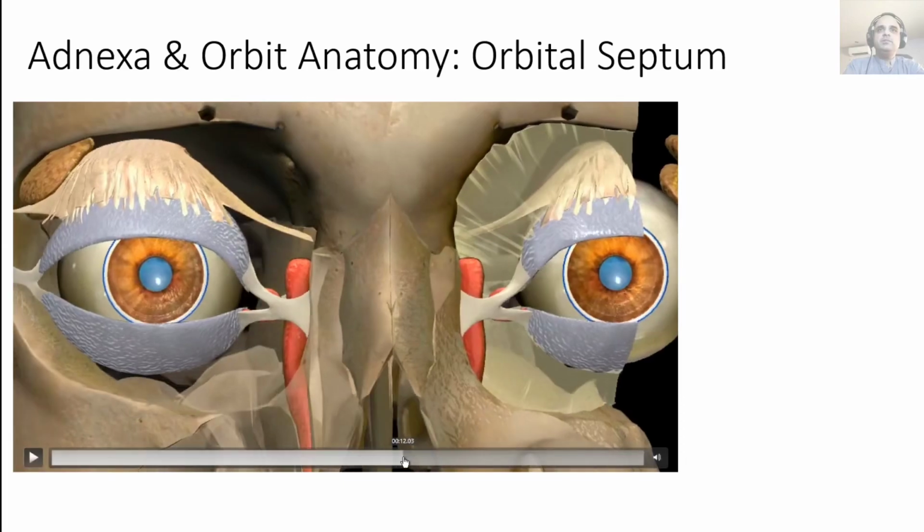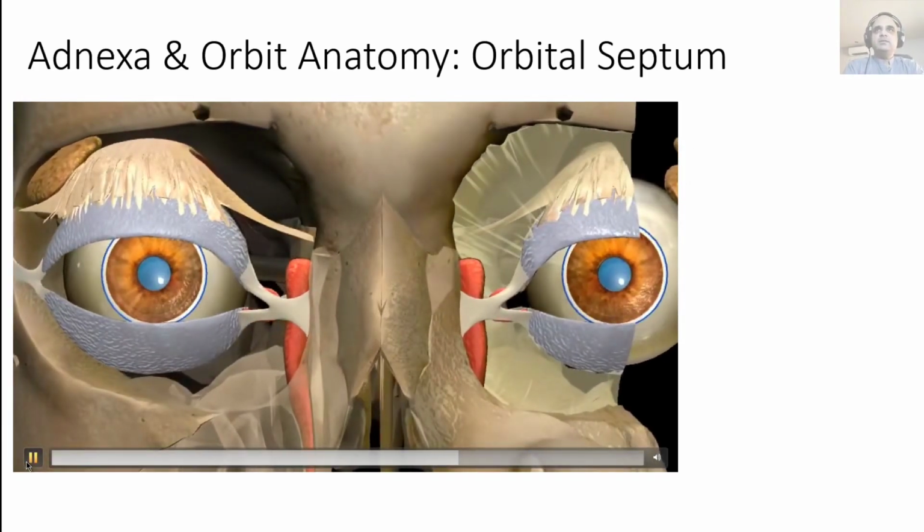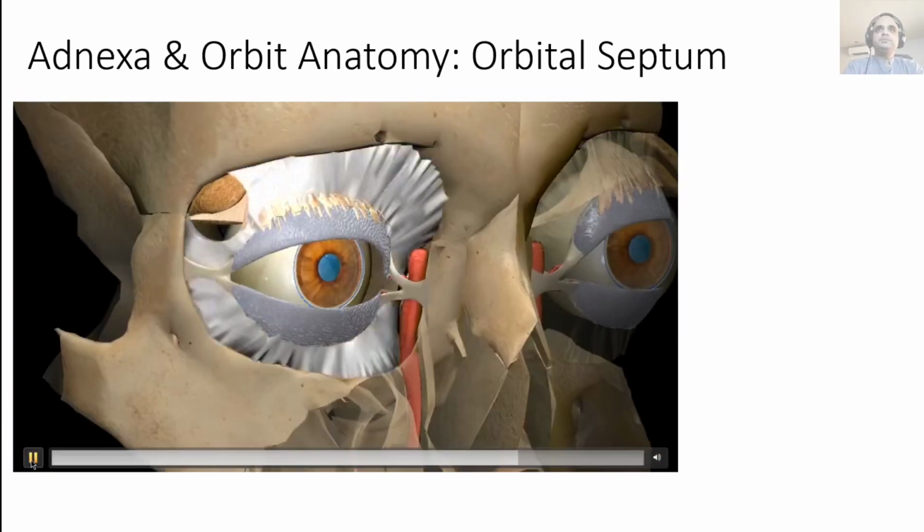The orbital septum has a really important function: it prevents infections from traveling from the lid tissues to the orbit, because if there was no orbital septum, like you can see in this picture, infections and everything else can freely travel from the tissues of the lid to the tissues of the orbit, which would be devastating. That is why the orbital septum is so important.